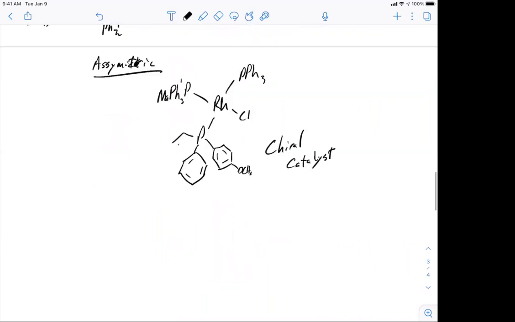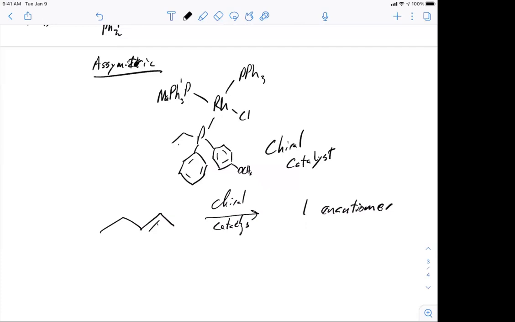So if I start with some group and add a chiral catalyst, I'll only end up with one enantiomer. The way this works is if you have achiral and achiral, you can't create chiral.